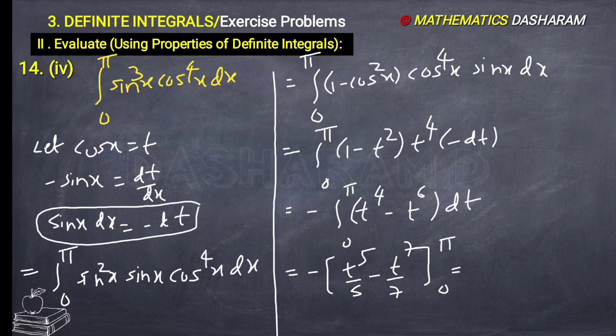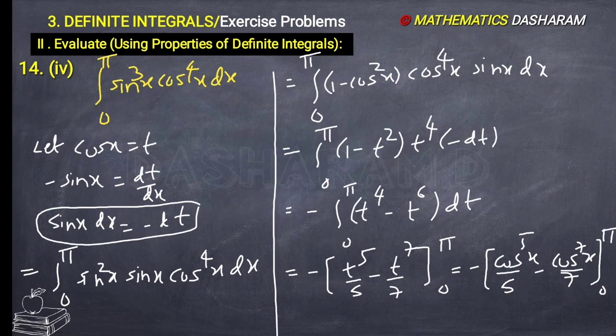It is equal to minus, multiply and inside, otherwise minus write as it is. Substitute the t value as cos x, so cos to the power of 5 x divided by 5 minus cos to the power of 7 x divided by 7, 0 to pi.